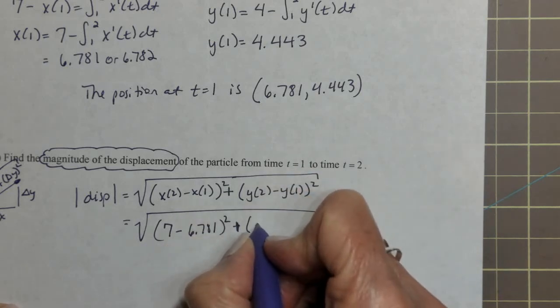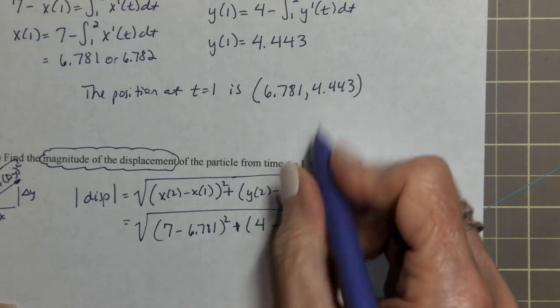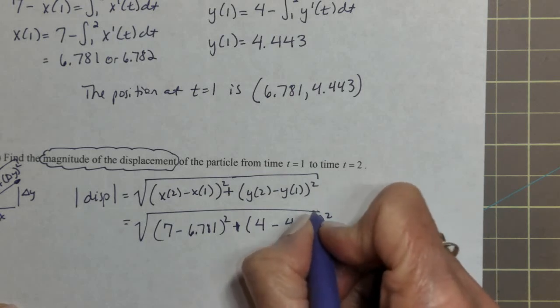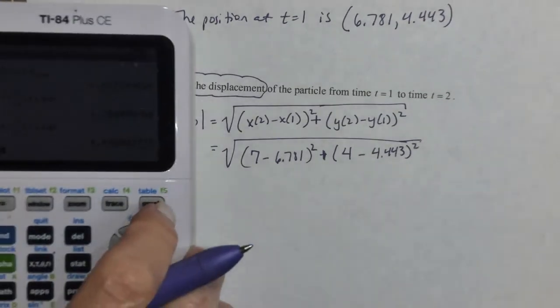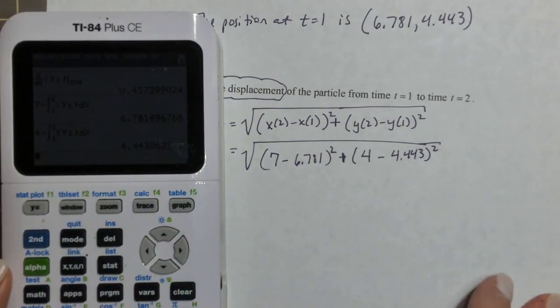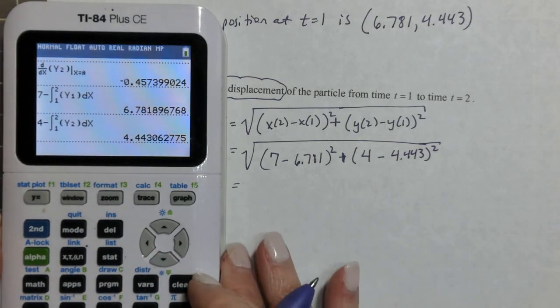Y of 2 we were given is 4, and y of 1 we just found. So even though I'm writing it with 3 decimal places, I need to use the entire value to make sure that my final answer is correct to 3 decimal places, right?